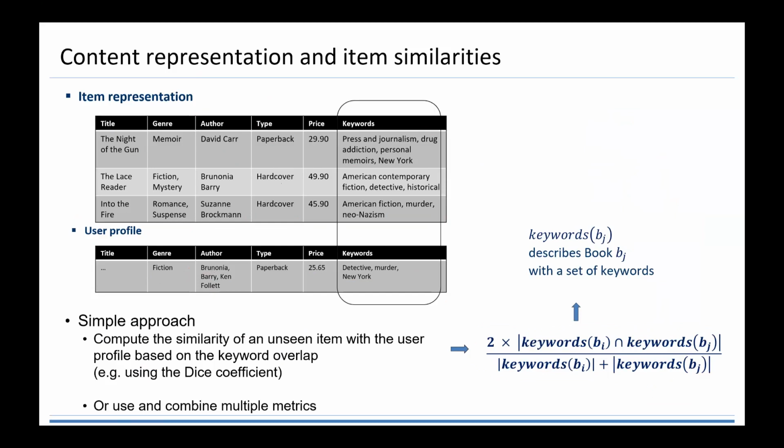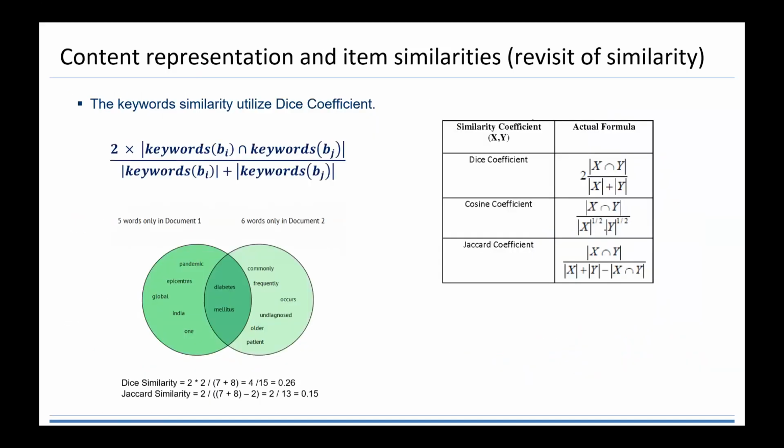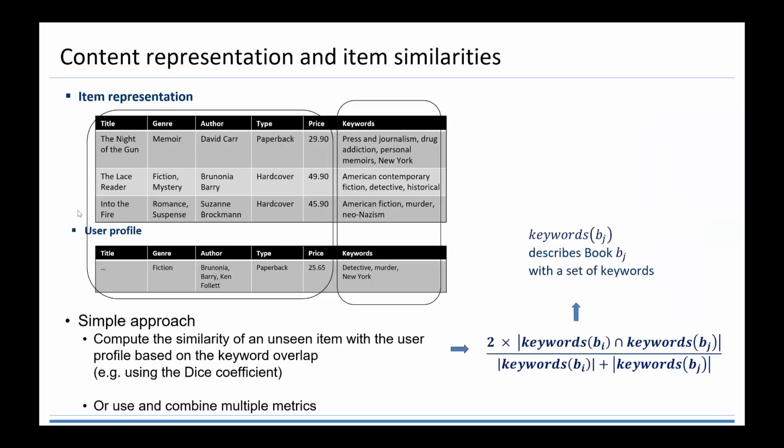Or we can combine multiple metrics. Let's say I want to combine the Dice and Jaccard similarity. We can also combine not only the keywords, but also the similarity with other kinds of attributes.